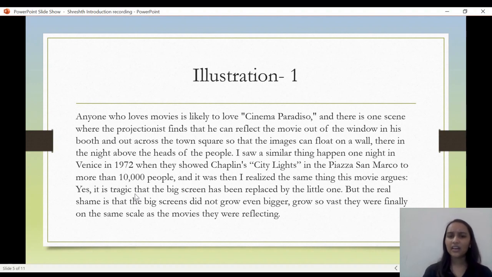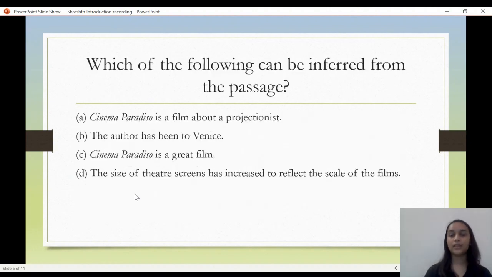And it was then I realized the same thing the movie argues. Yes, it is tragic that the big screen has been replaced by the little one. But the real shame is that the big screens did not grow even bigger, grow so vast that they were finally on the same scale as the movies they were reflecting. Alright, let's look at the question.